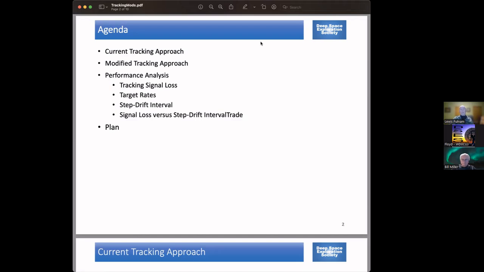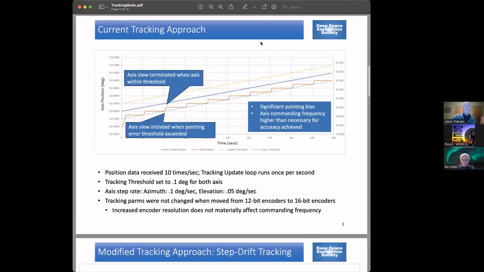So I think I want to get to this first slide on the current tracking approach. Just as brief history, this current capability has been out in the field. I don't remember exactly when it was fielded, but it was 3 to 4 years ago. Prior to the fielding of this, the mount was positioned and tracking was conducted using the front panel of the manual control capability, and it was pretty tedious to do.